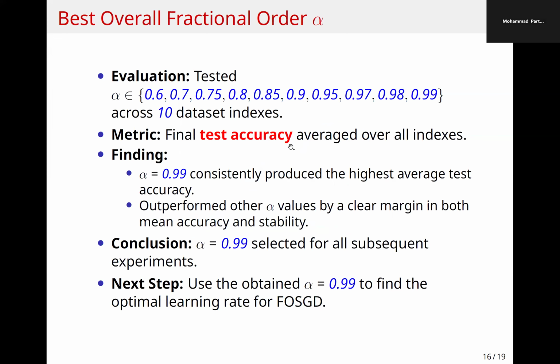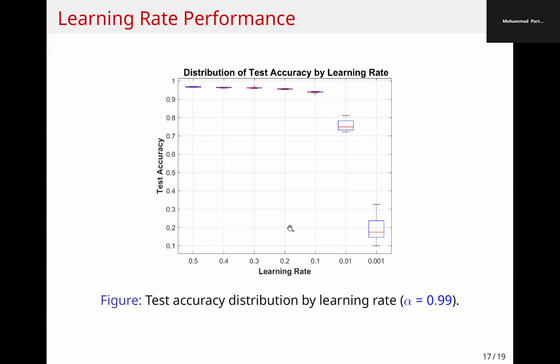So now we have concluded that alpha 0.99 is the best fractional order. And now we use this obtained fractional order to find the best learning rate. Here you see that the best learning rate among the other learning rates is 0.5.